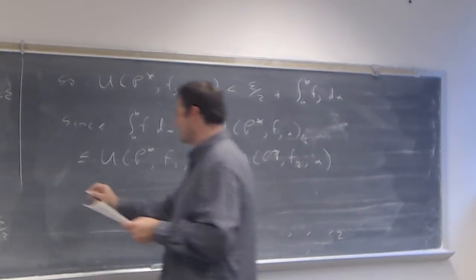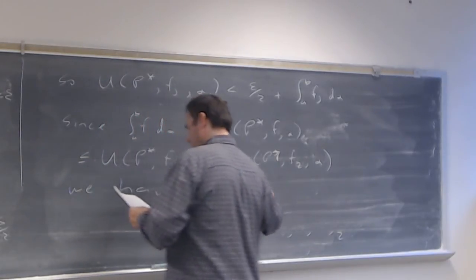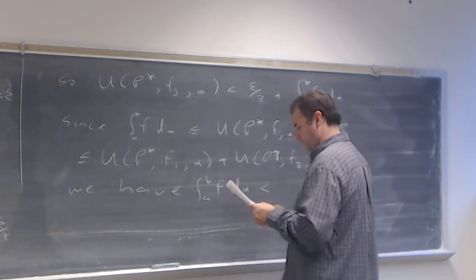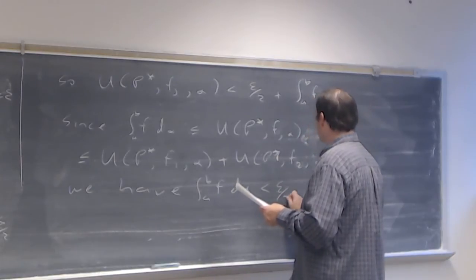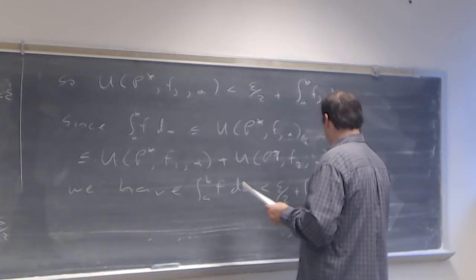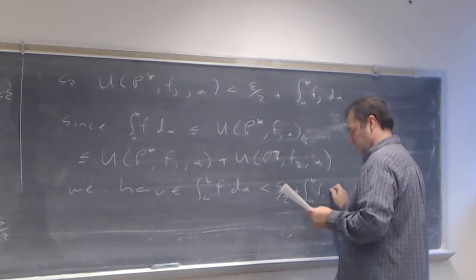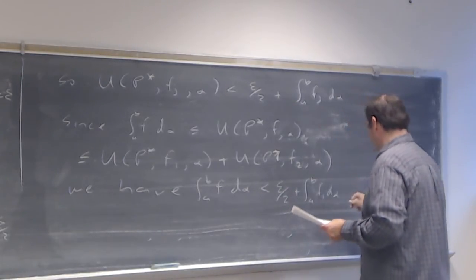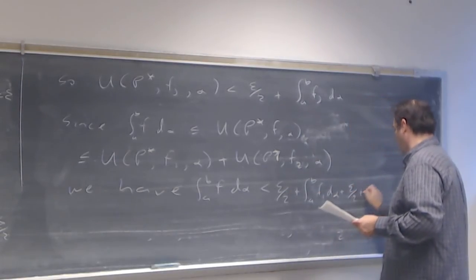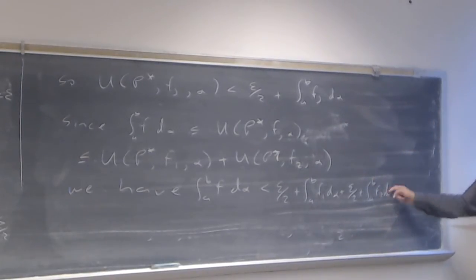So since this is occurring, we have the integral from A to B of f d alpha is going to be less than epsilon over 2 plus the integral from A to B of f sub 1 d alpha, plus, for this guy, epsilon over 2 plus the integral from A to B of f sub 2 d alpha.